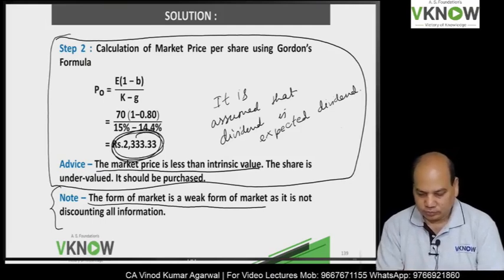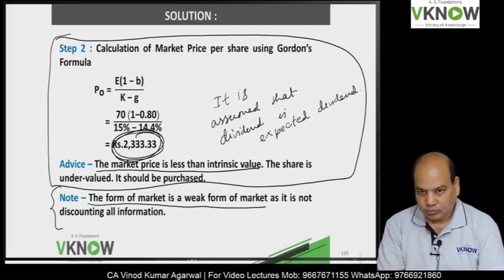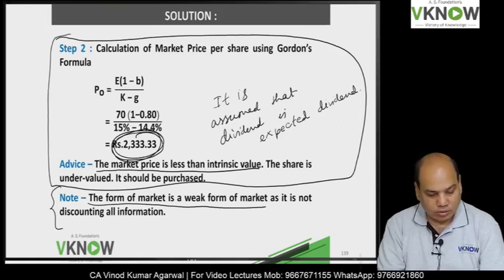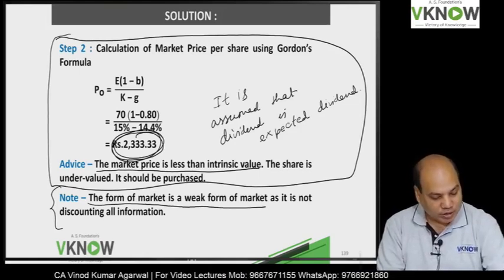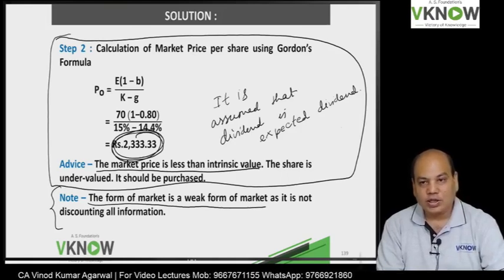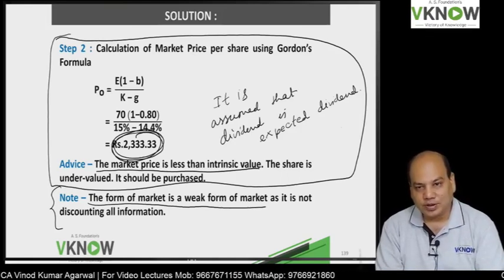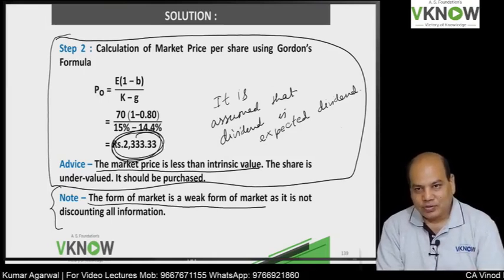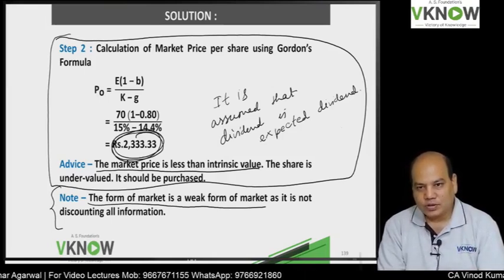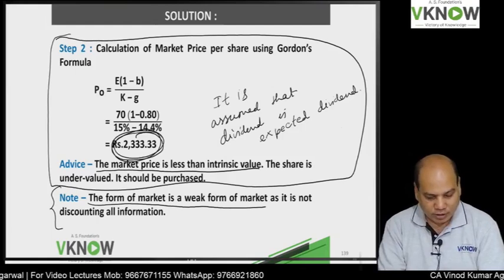Okay. But if it was semi-strong, what information would have been given? These are the information in semi-strong form: company's PAT, company's cost of equity, dividend policy, etc. These are the fundamental information about a company. So in that case, it should have matched, not so much of difference. Correct.